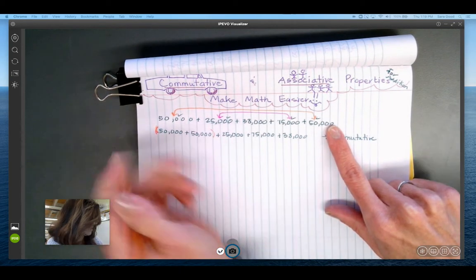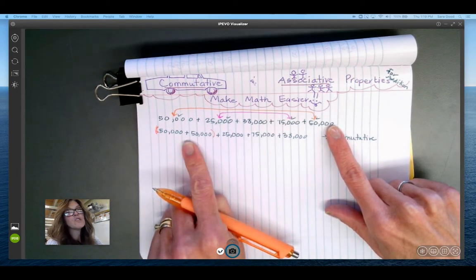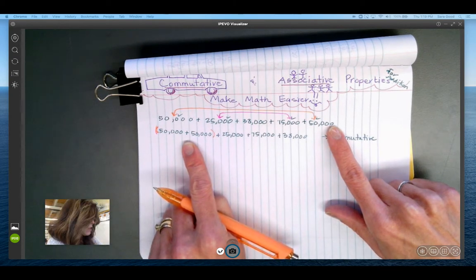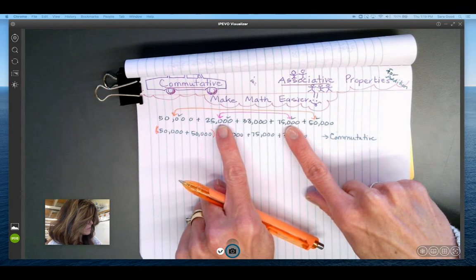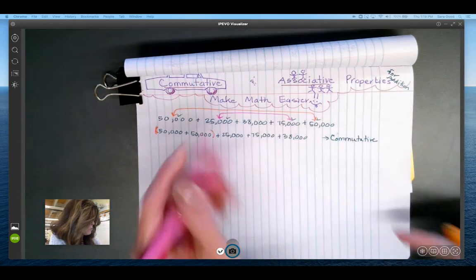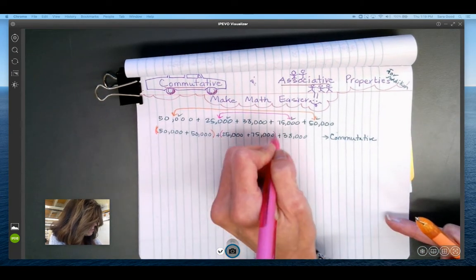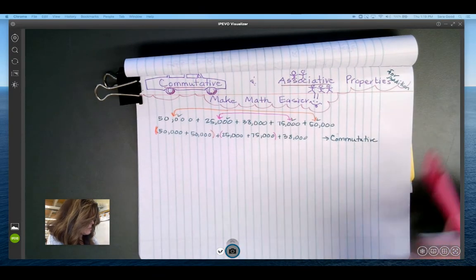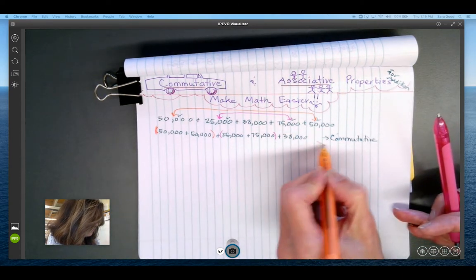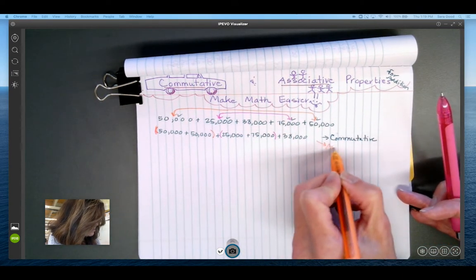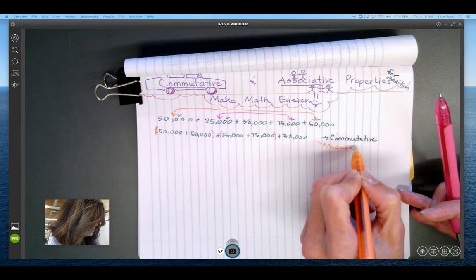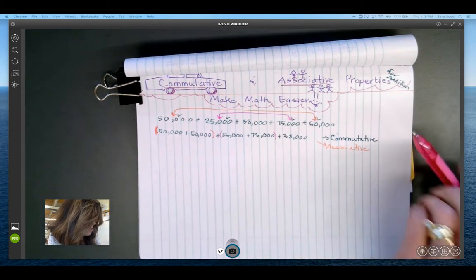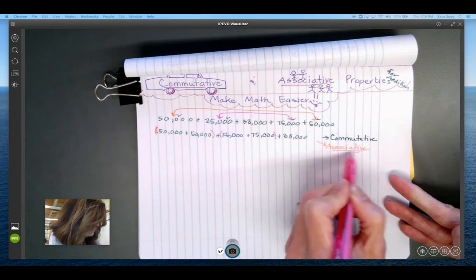We want to associate them because it'll be easy for us to add. And we also said that we liked 75,000 and 25,000. So let's put parentheses around those two numbers to associate them. And look, we just used the associative property for this. Pretty cool, right?